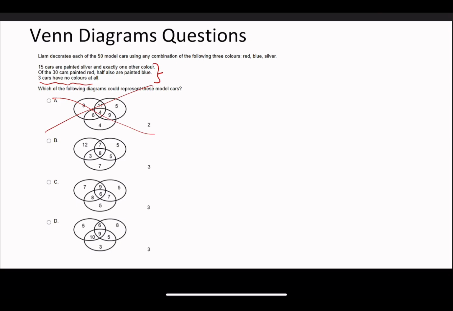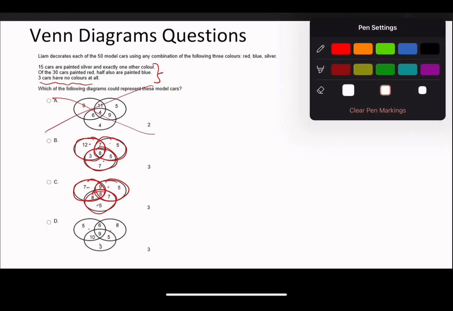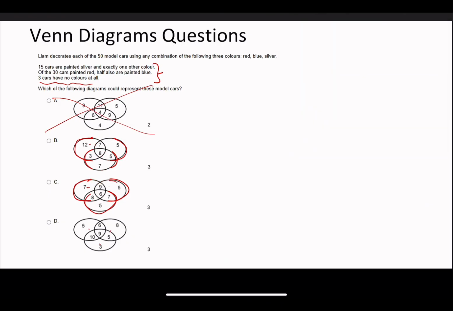Okay, so I know that is going to be my preference, as opposed to the second one, which says of the 30 cars painted red, half are also painted blue. The issue with that is I need to count 30 in individual ovals. So you can see there's like 4 things for me to count here, right? That's too much for each go. I'd have to do that 9 times. So that's why I would prefer to use the first statement ahead of the second one.